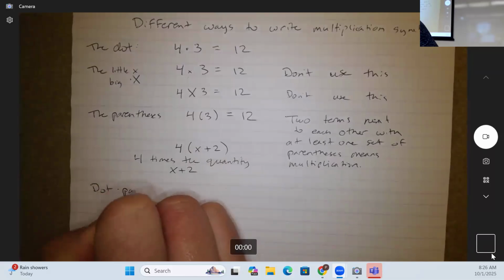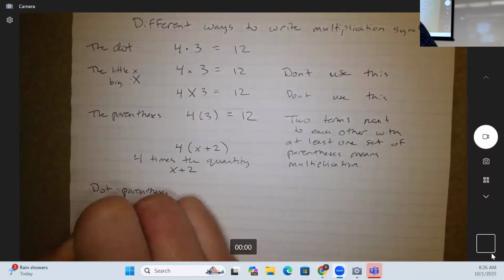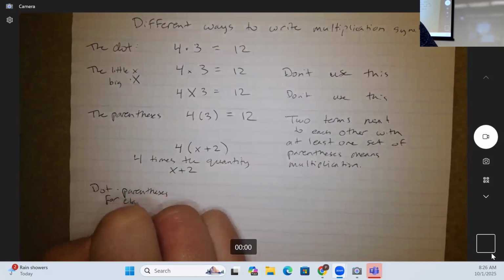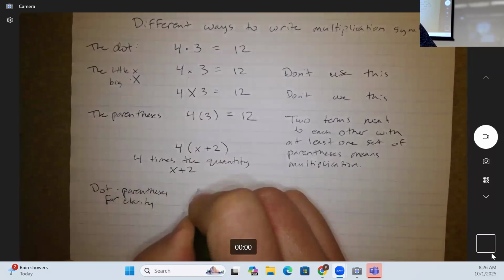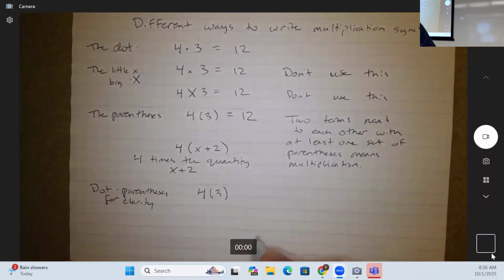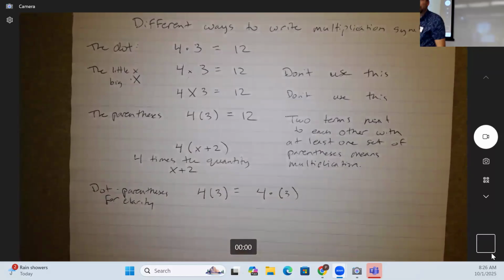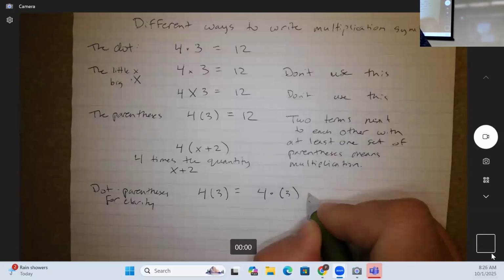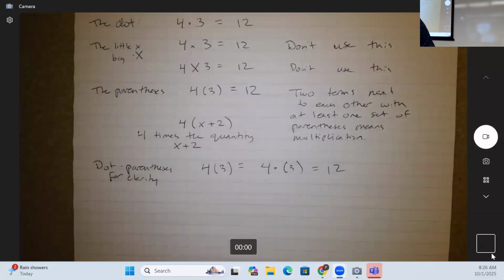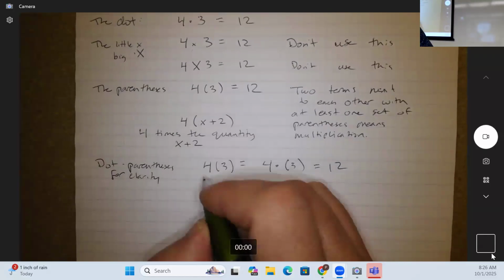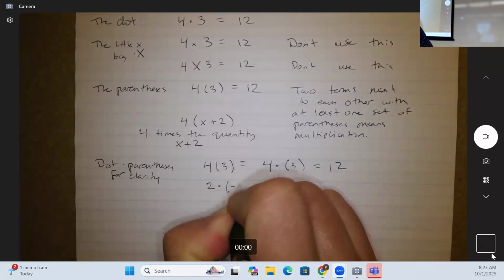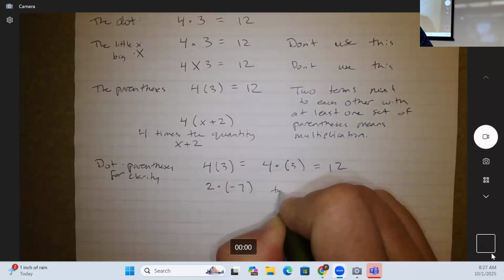The dot parentheses. This is mostly used for clarity. So instead of doing 4 times 3, I could do 4 dot parentheses 3, just to really drive home we're doing multiplication. And this is super useful when we're multiplying negative numbers. 2 times -7.